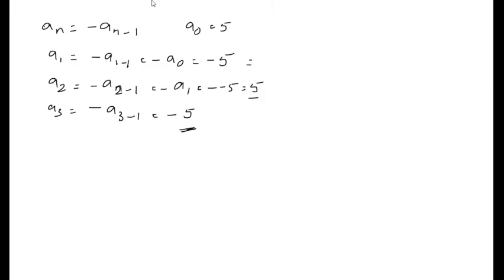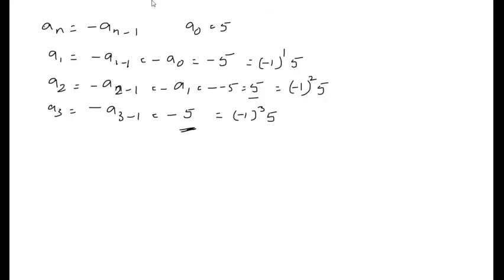So I can write it as (minus 1) power 1 into 5. Here if you observe, a_1 is equal to (minus 1) power 1 into 5. So a_2 I can write as (minus 1) power 2 into 5. Minus 1 whole square is nothing but 1, so 1 into 5 is 5. Again, minus 5 I can write as (minus 1) power 3 into 5.